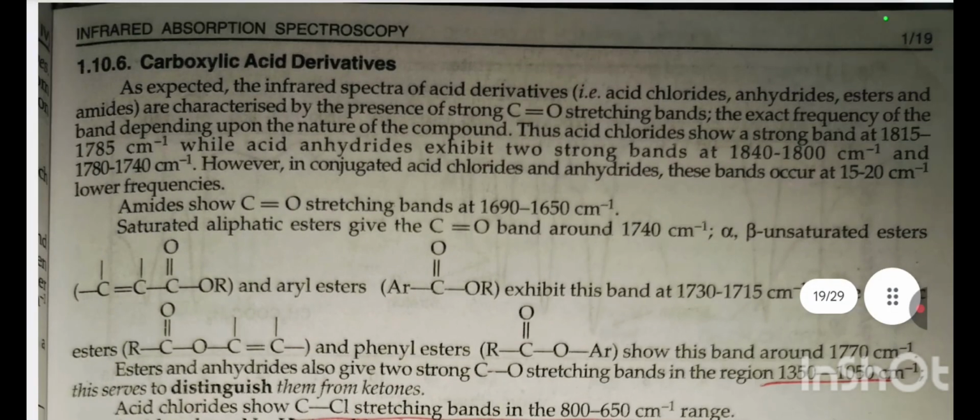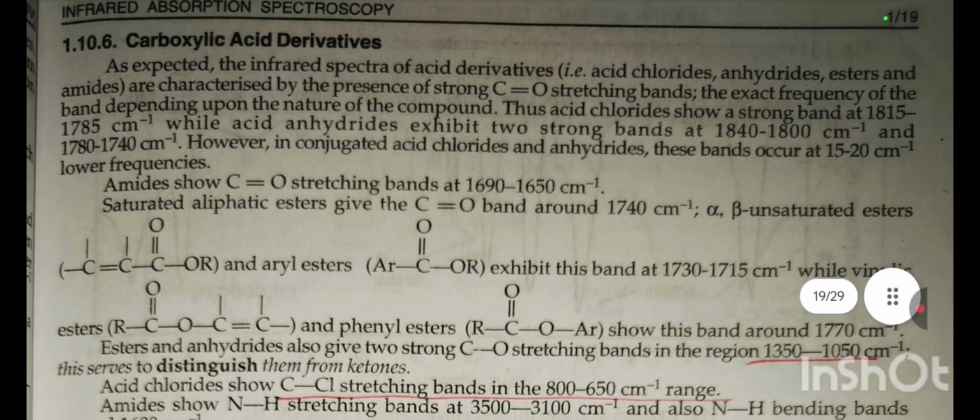Carboxylic acid derivatives. As expected, the infrared spectra of acid derivatives are characterized by the presence of strong C=O stretching bands. The exact frequency of the band depends upon the nature of the compound. Thus, acid chlorides show a strong band at 1815 to 1785 cm⁻¹, while acid anhydrides exhibit two strong bands at 1840 to 1800 cm⁻¹ and 1780 to 1740 cm⁻¹.